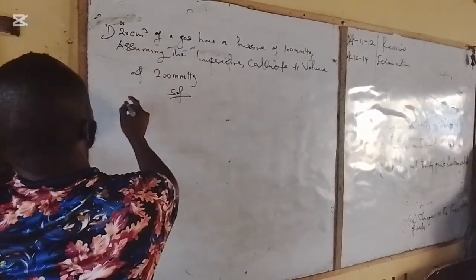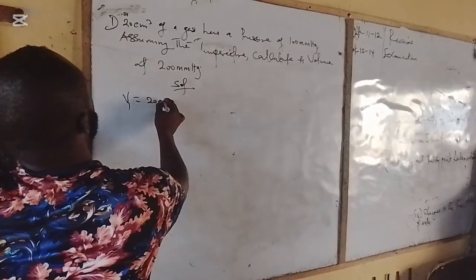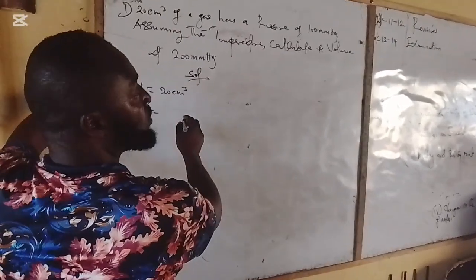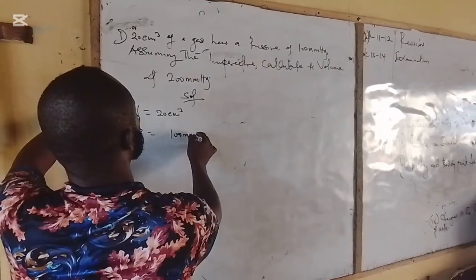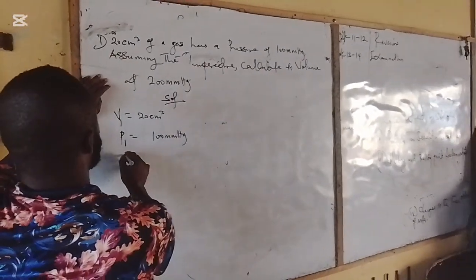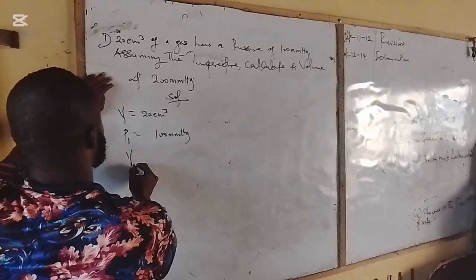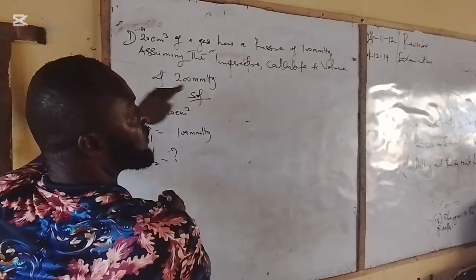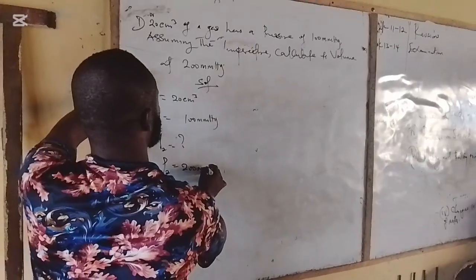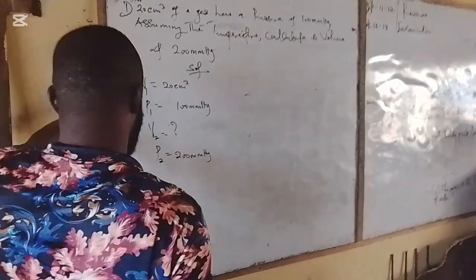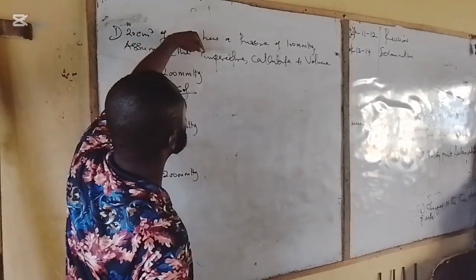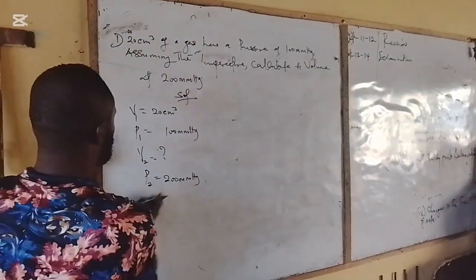Solution. In this question, the first volume is 20 cm cube, and the first pressure is 100 millimeter mercury. Assuming the temperature is constant, calculate its volume when the pressure is 200 millimeter mercury. So what do you do? Any question where the temperature is constant, you are going to use Boyle's law.